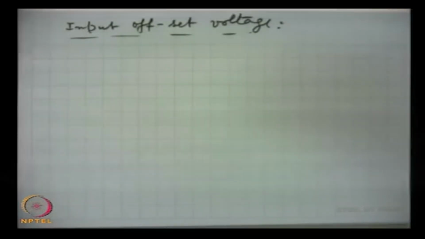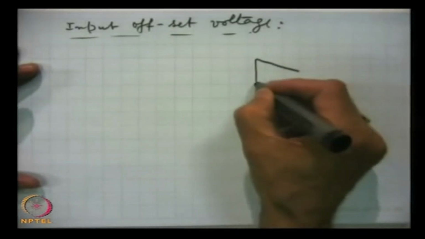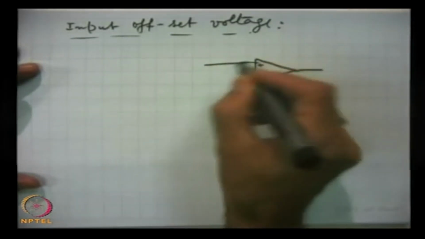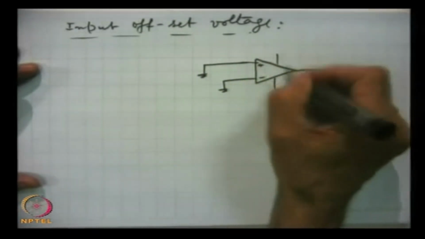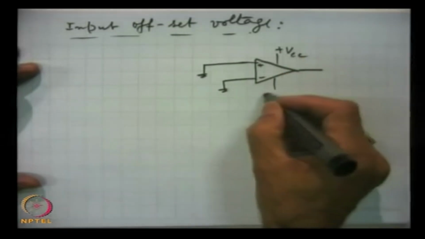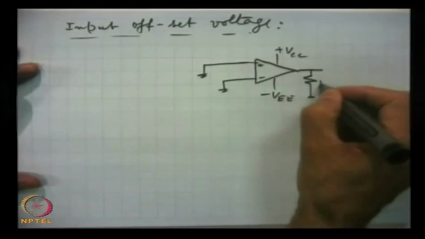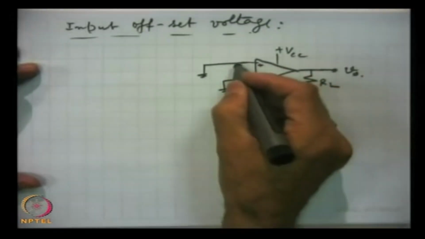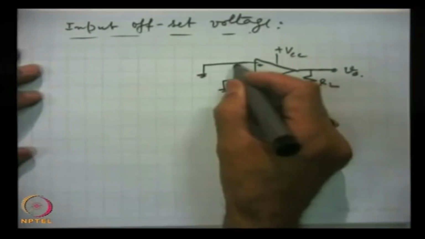Now, this input offset voltage is the differential input here.